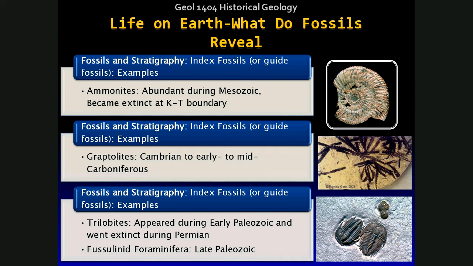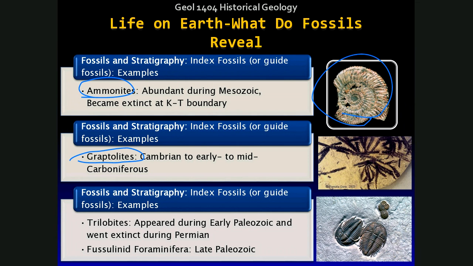So we have some examples here. Ammonites were particularly abundant during Mesozoic, but they went extinct at the end of Mesozoic. So the presence of ammonites may indicate a particular interval of time. Likewise, graptolites. So you see an example of ammonite here.